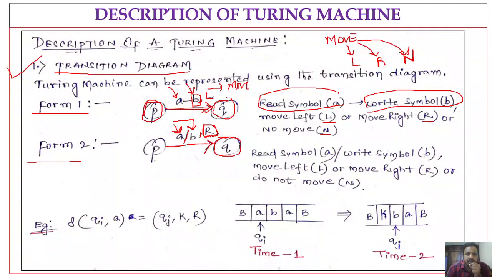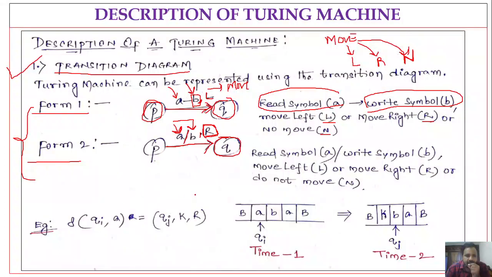So it could be either left move, right move or no move. As I mentioned, capital R means after reading A and replacing it with B, the read head moves towards the right side. So this is how we represent these transitions in the transition diagram.